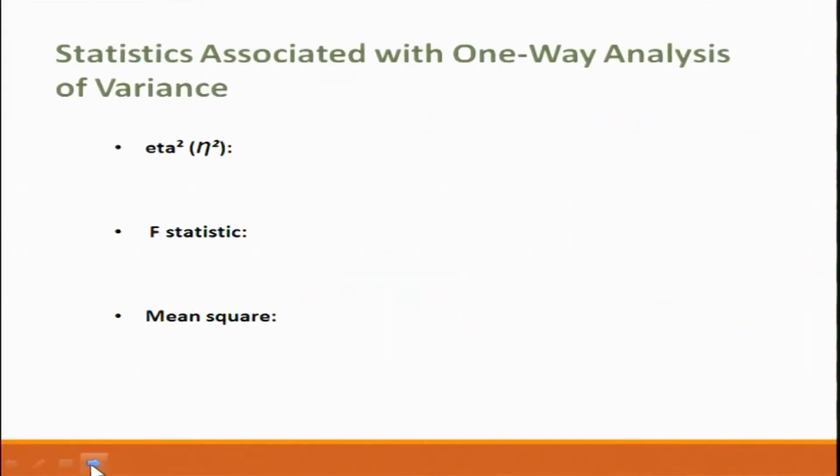So, there are certain terms that we will use here in ANOVA. Number one is eta square. Eta square is the strength of effects of x, that is the independent variable here.